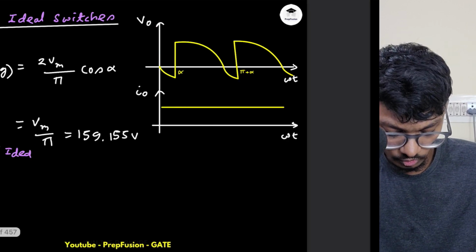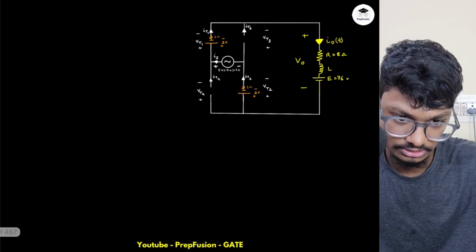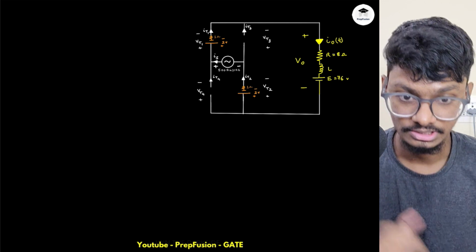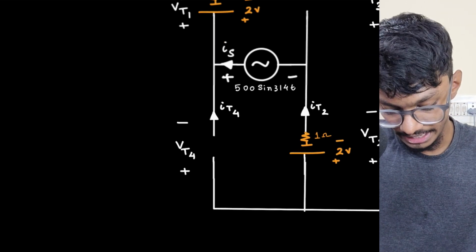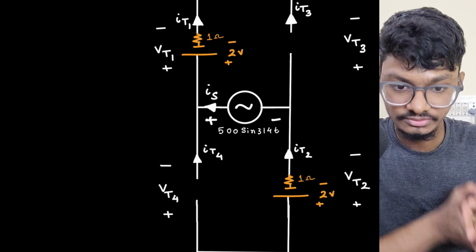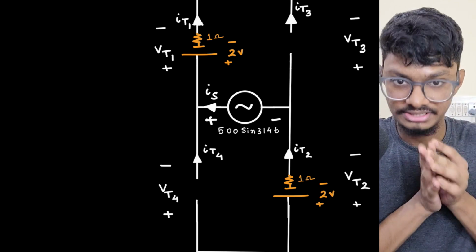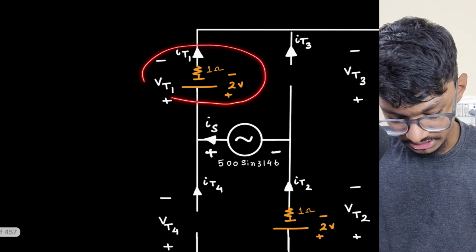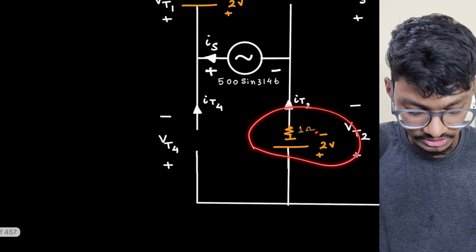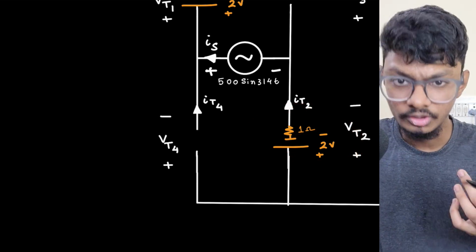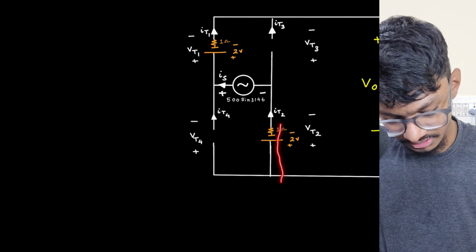Next, I will include the non-idealities. What are the non-idealities? Let's assume for the first case when my SCRs were on, these two were on with their own on voltages and resistances.